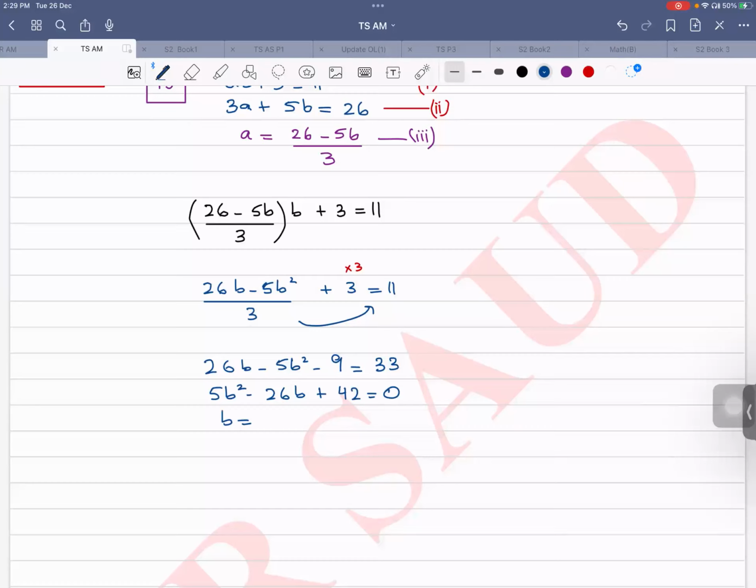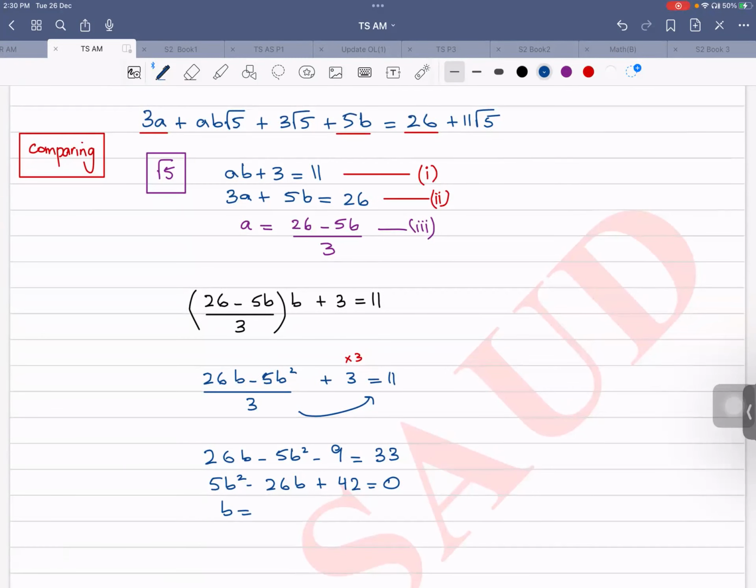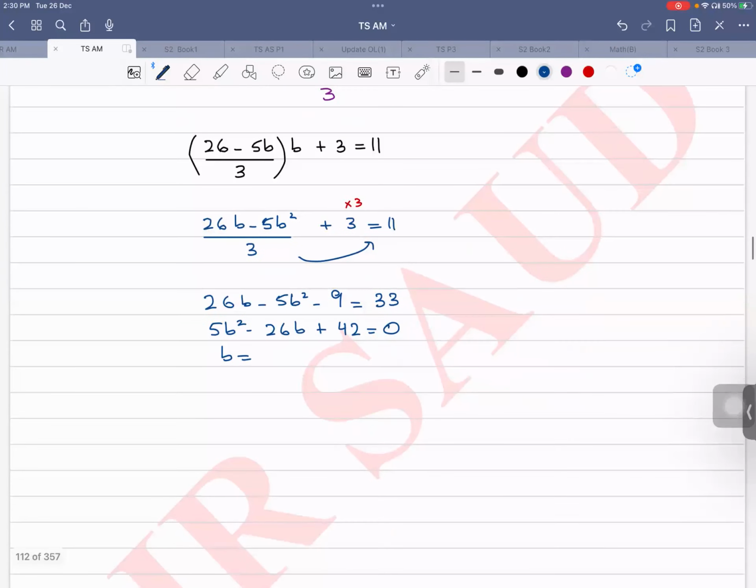I think I've made a mistake. Sir, I'm getting 5b minus 26b plus 24, not 42. This is +9, it becomes -9 there, +24.